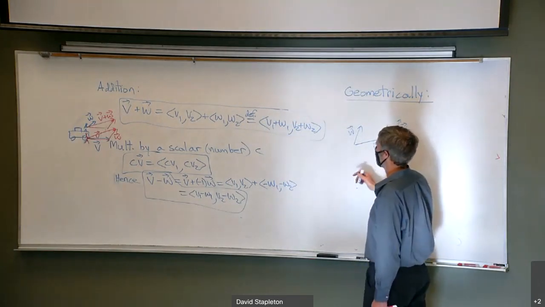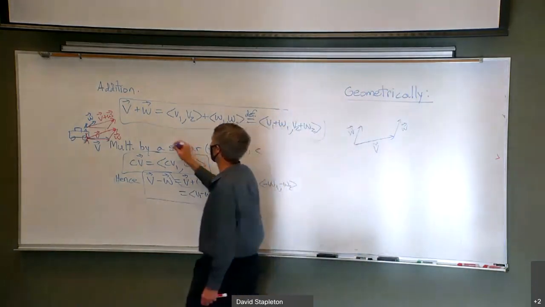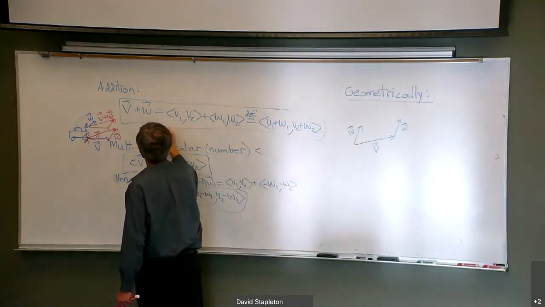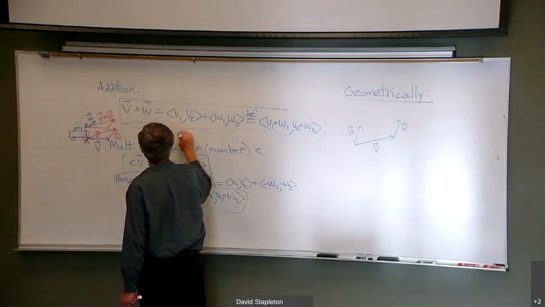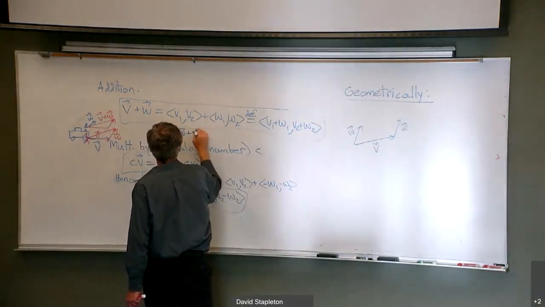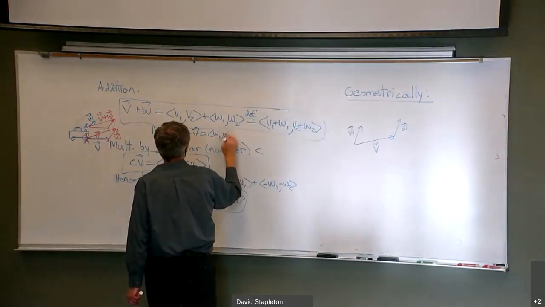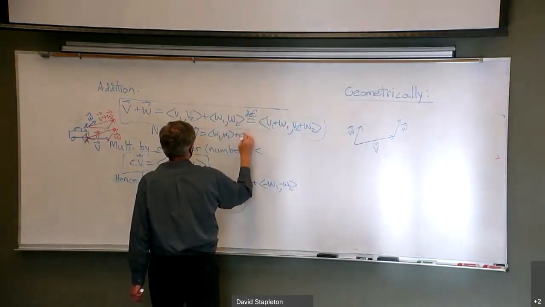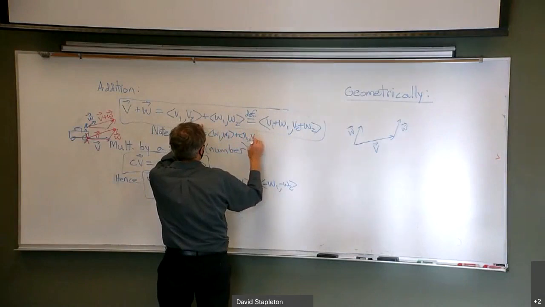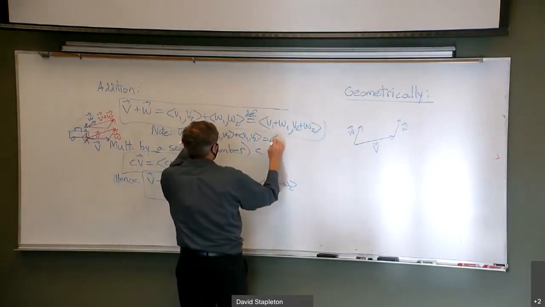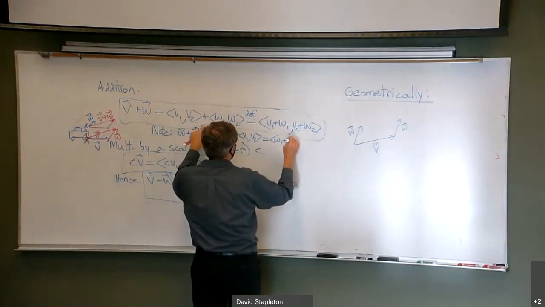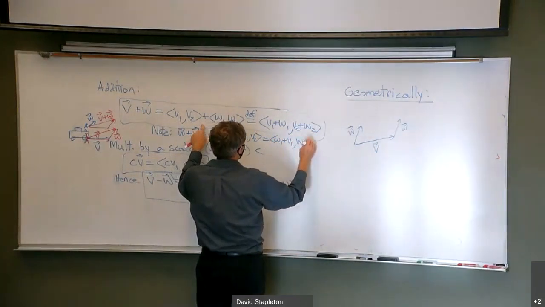It turns out if you add these in the opposite order, with the same definition, w plus v, this is a proof, is w1, w2 plus v1, v2. And according to the definition here, adding these two vectors gives you w1 plus v1, w2 plus v2.